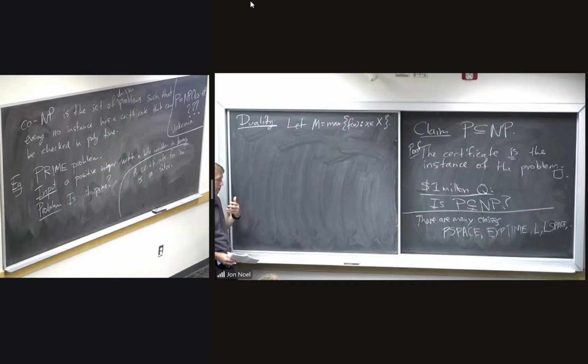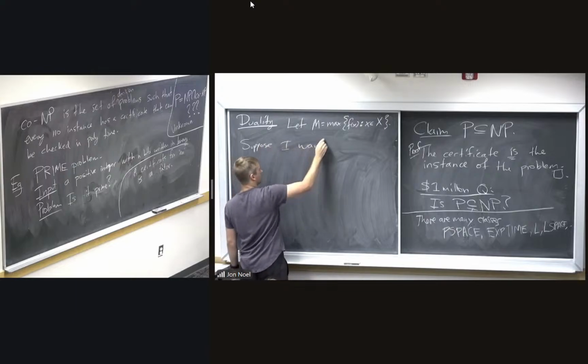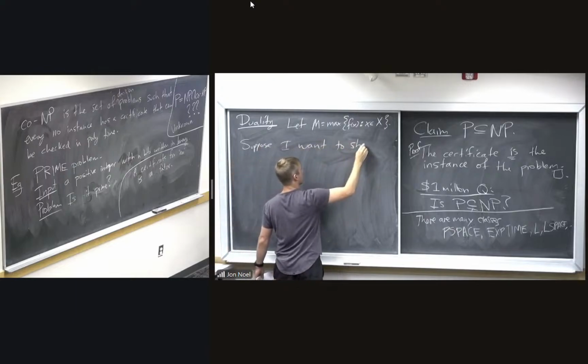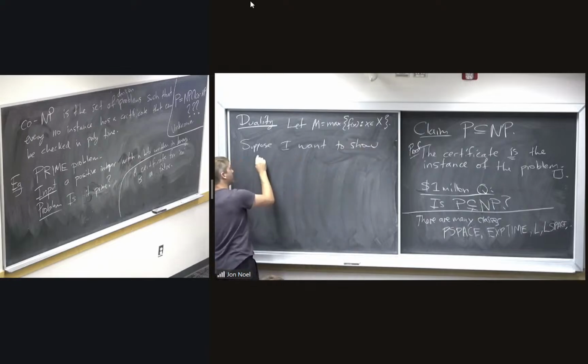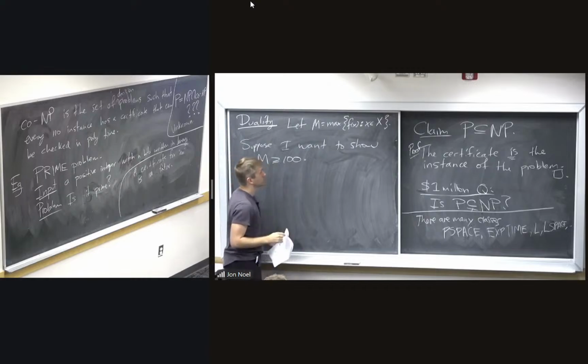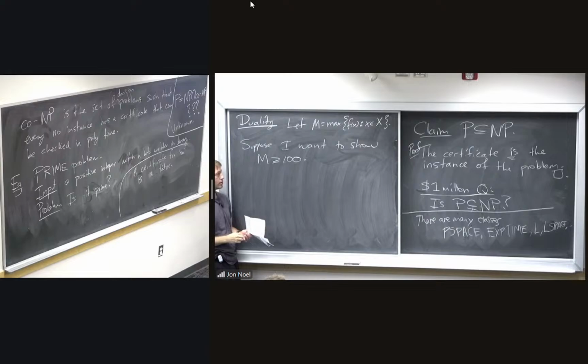Now, there's a bit of asymmetry, kind of related to P and co-NP. Suppose I want to show that this capital M is at least 100. What's the most natural thing you would do?